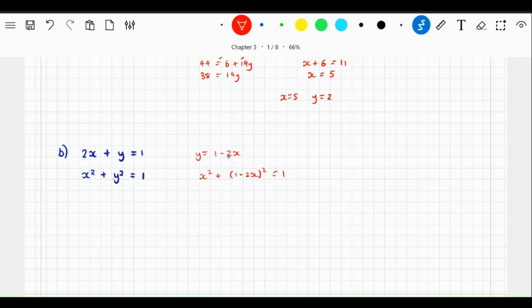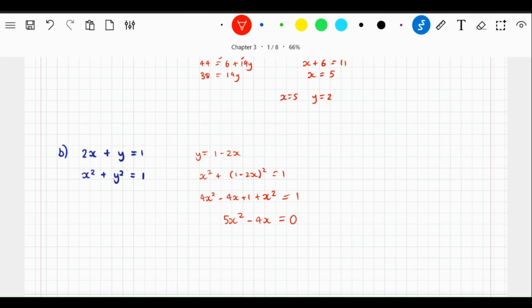Now if we expand that (1 minus 2x) squared, that will give us 4x squared minus 4x plus 1. And then we add the x squared to that, and that is going to equal 1. So if we simplify that out, that's going to give us 5x squared minus 4x, and we can get rid of these 1s because they're both going to cancel, and that's going to equal 0.